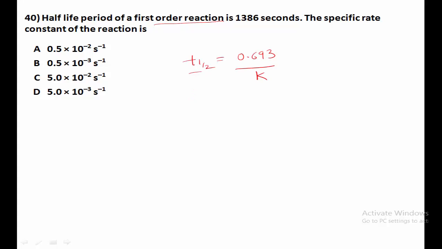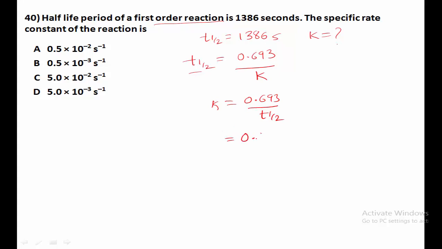In this question, they have given the half-life period, 1386 seconds. You need to calculate the specific rate constant. So simply rearrange this equation: K is equal to 0.693 divided by T half.